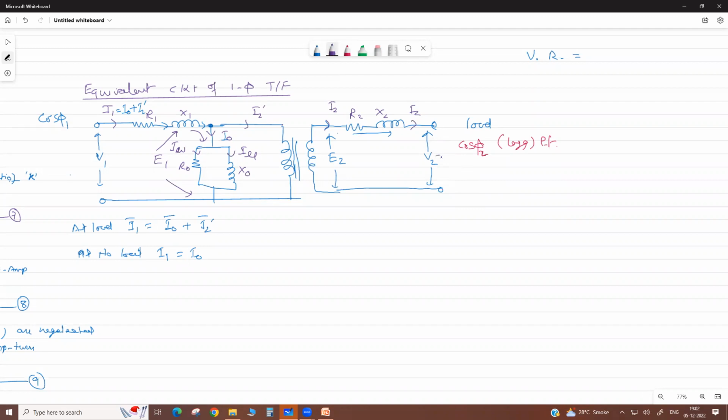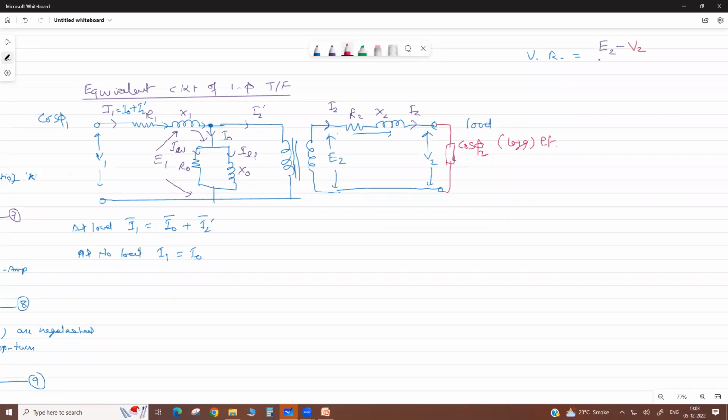It means this equals E2. So this is the no load terminal voltage or induced voltage, minus the voltage when we put a rated load, full load, here. In this condition, the terminal voltage is not E2, it is reduced to V2.